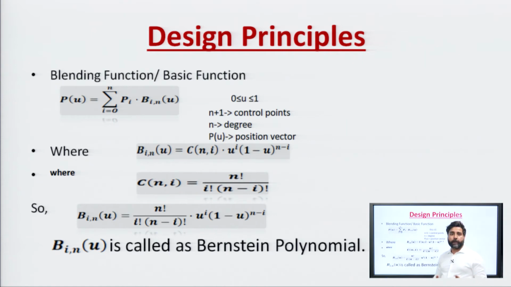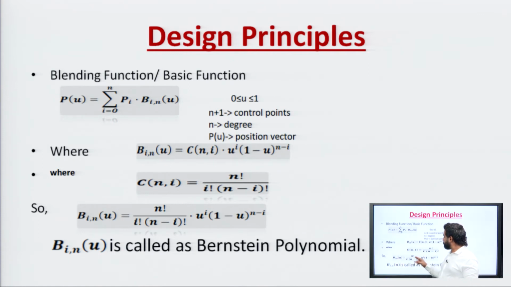We have heard of permutation and combination; here we are referring to the combination, multiplied by u to the power i and (1 minus u) to the power n minus i. If we expand this combination term, it is n factorial upon i factorial times (n minus i) factorial.